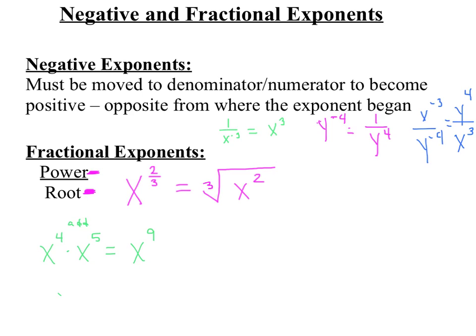Same base, add the exponents. If I had y to the fifth divided by y to the second, if you remember, same base, dividing, you subtract the exponents, so it'll be y to the third. So dividing, you subtract.